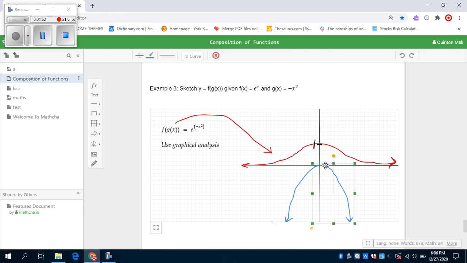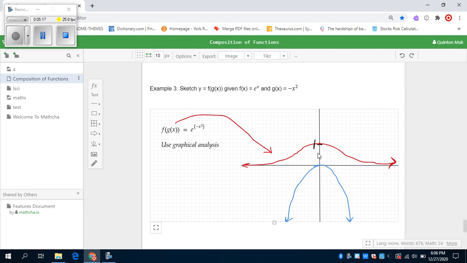These values are also decreasing, getting more and more negative, so if your exponent is getting more and more negative, then your output values are also getting smaller and smaller and approaching zero from above. And this is symmetrical on the other side of the y-axis because it's an even function.